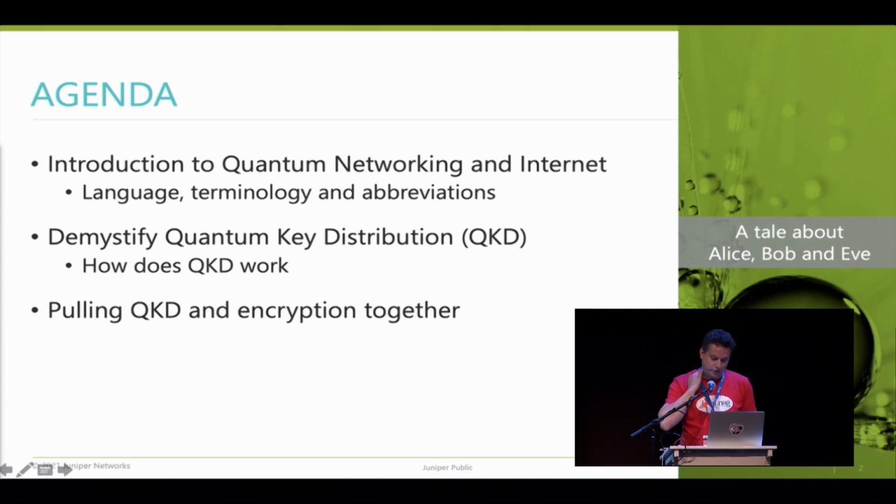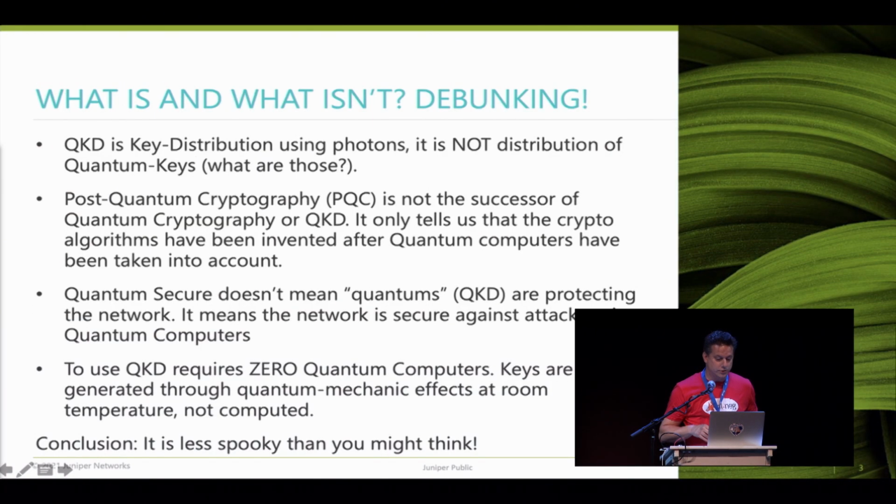Then we'll look at how we can use these quantum properties in a mechanism that is called quantum key distribution. And then we'll pull together how to use that QKD system with our current encryption technologies which are available.